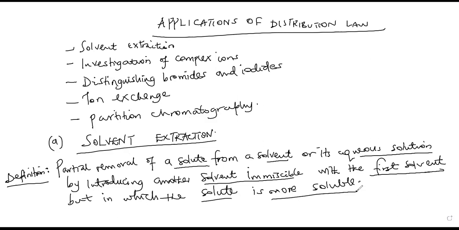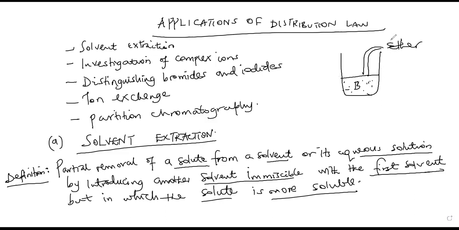So the method generally involves removing a solute from a solvent or from its aqueous solution. Maybe you can have a solute B in a certain solvent like water, I'm assuming. To remove this solute B from water, we have to introduce another solvent, maybe ether.